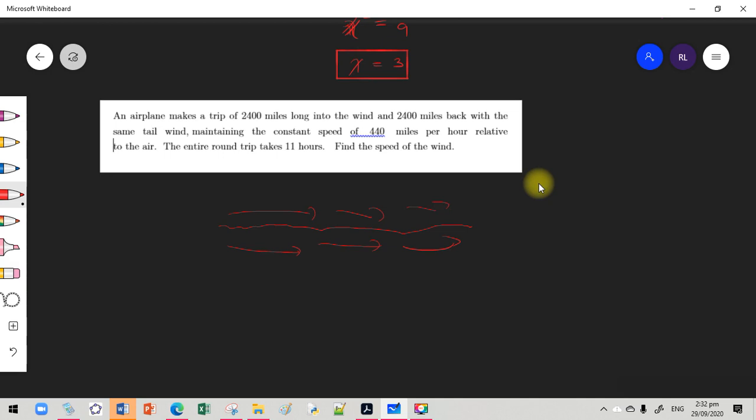We don't know the speed of the wind, so this is our x miles per hour. So let x be the speed of the wind, the same idea as the speed of the current.